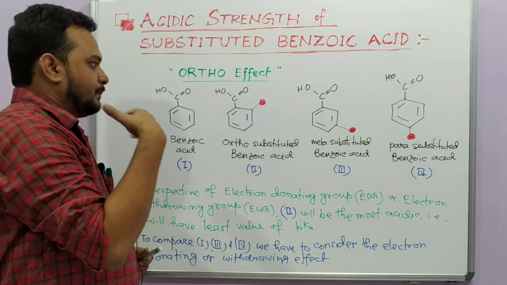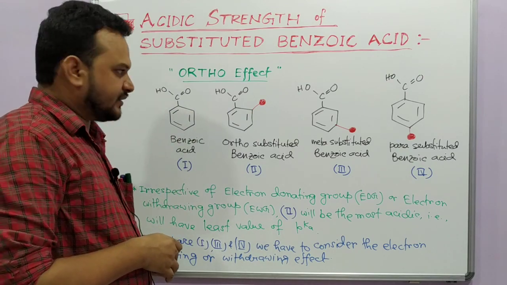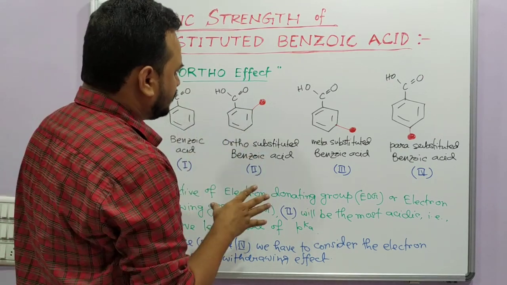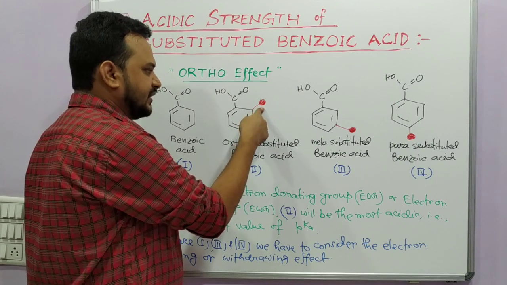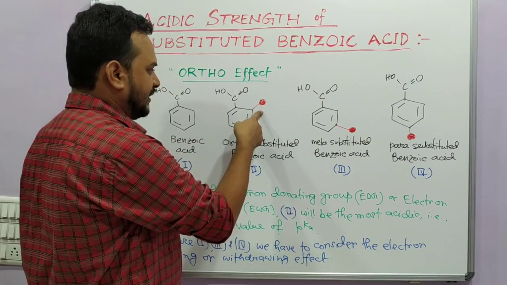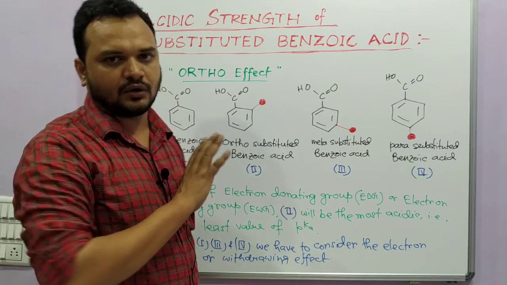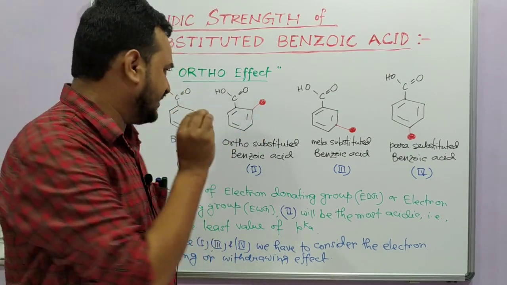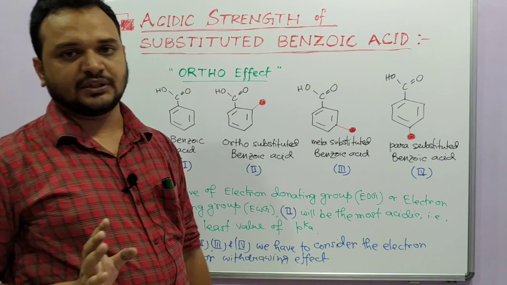So by considering the ortho effect, you don't need to think about whether this substituent is electron donating or electron withdrawing, whether it is plus I effect or minus I, plus R or minus R. You do not at all have to think about that. Just see whether the substituent is at ortho position or not.